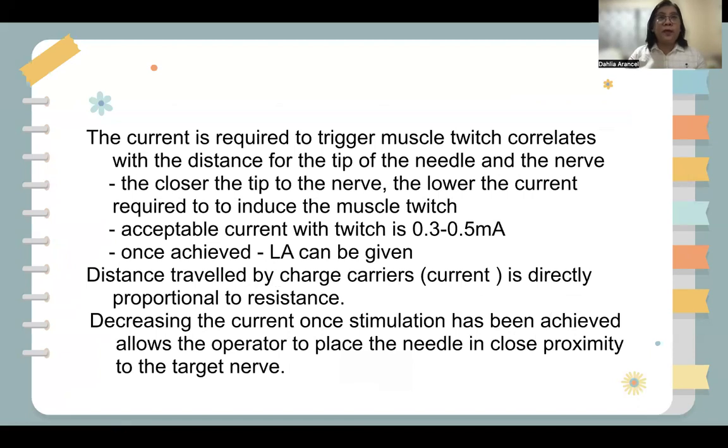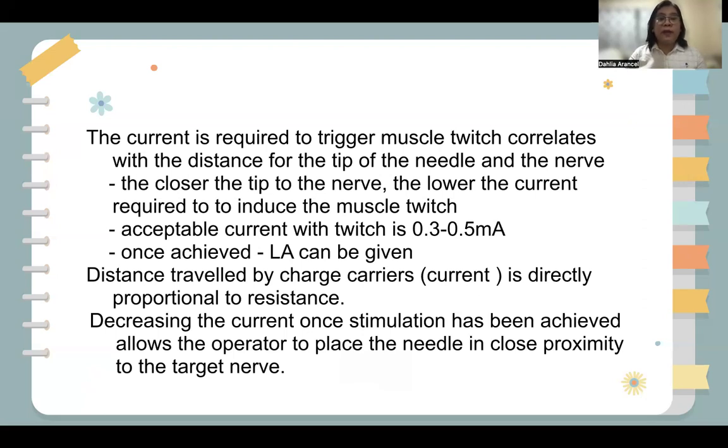The current required to trigger muscle twitch correlates with the distance between the tip of the needle and the nerve. The closer the tip to the nerve, the lower the current required to induce the muscle twitch, and the acceptable current with twitch is 0.3 to 0.5 milliampere, and once achieved, the local anesthetic can be given.